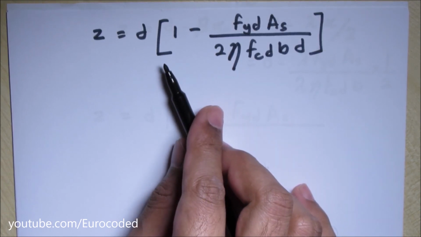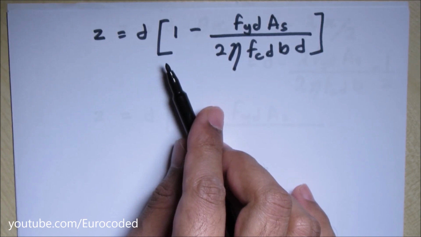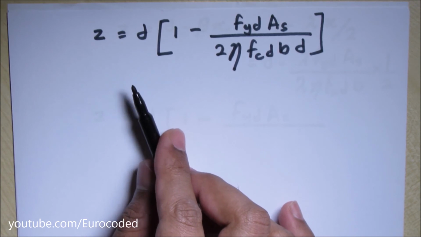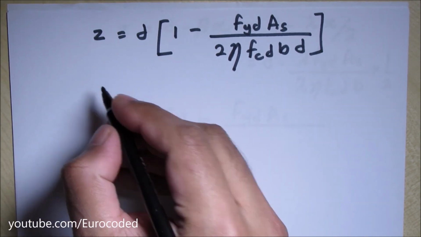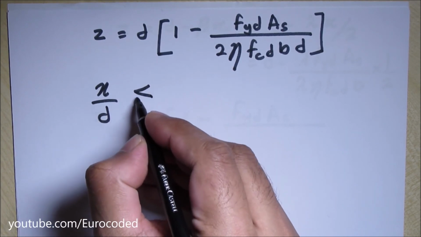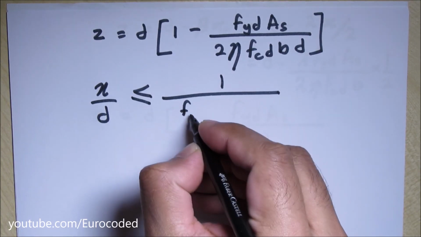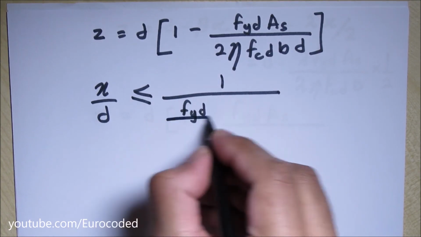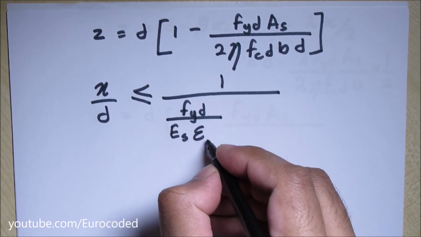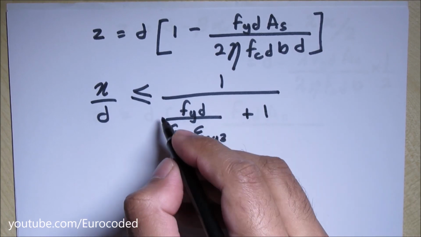So to satisfy this requirement and to make sure that the steel yields, we need to make sure our section meets the following condition, which is x over d must be smaller than or equal to 1 over fyd over Es epsilon cu3 plus 1.